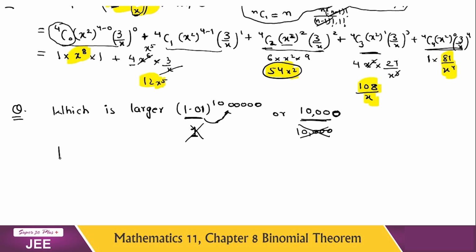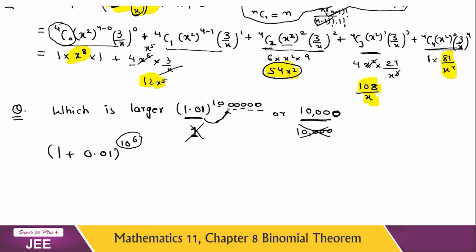1.01 will be written as 1 plus 0.01 raised to the power 10 raised to the power 6. Alright, here we have 1, 2, 3, 4, 5 and 6 zeros. That is why I have written this number as 10 raised to the power 6. So n becomes 10 raised to the power 6.